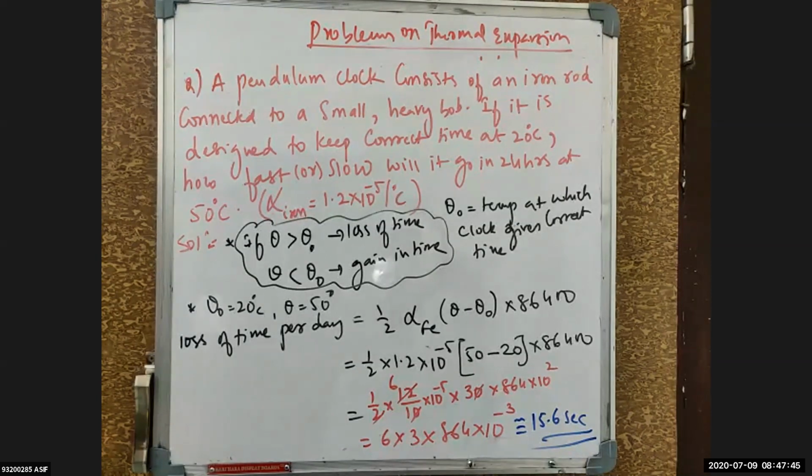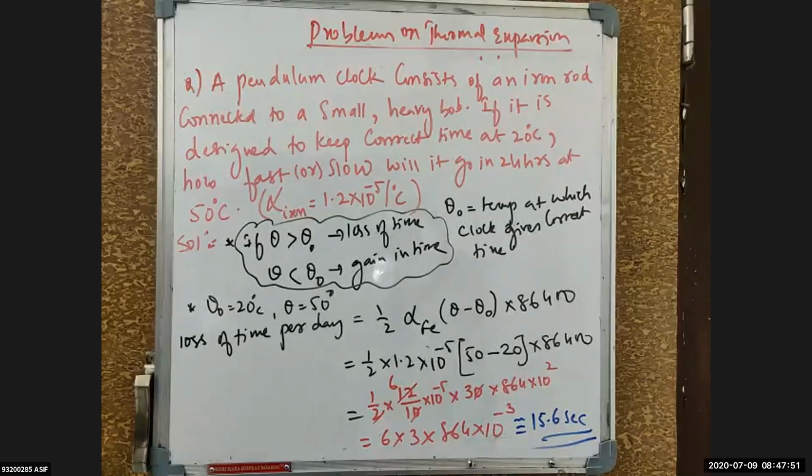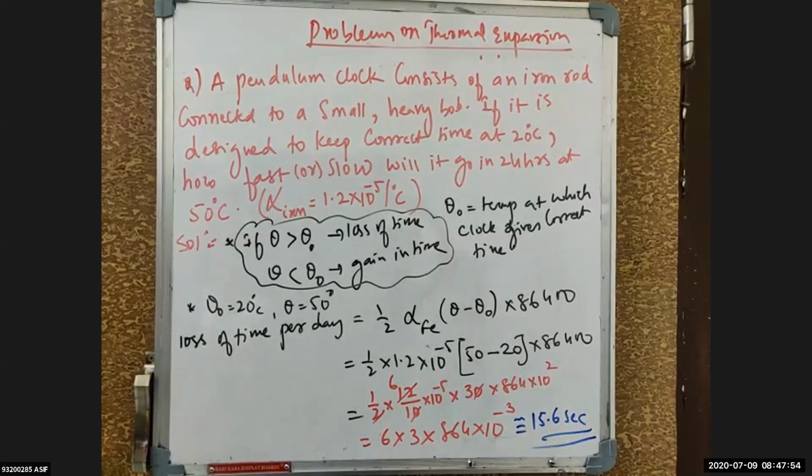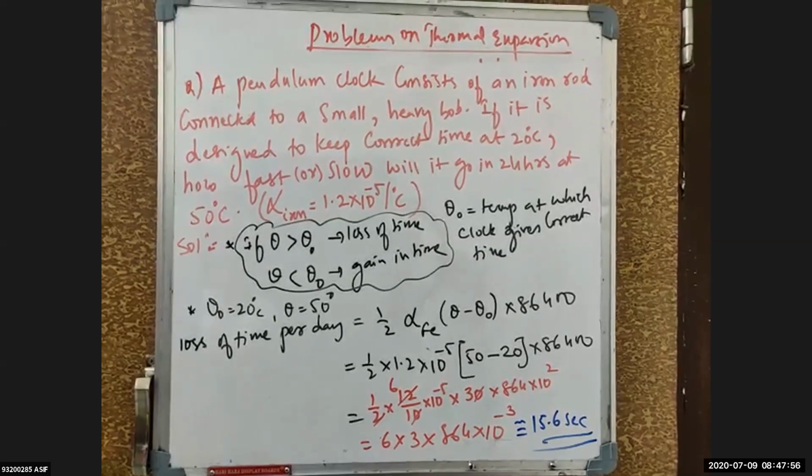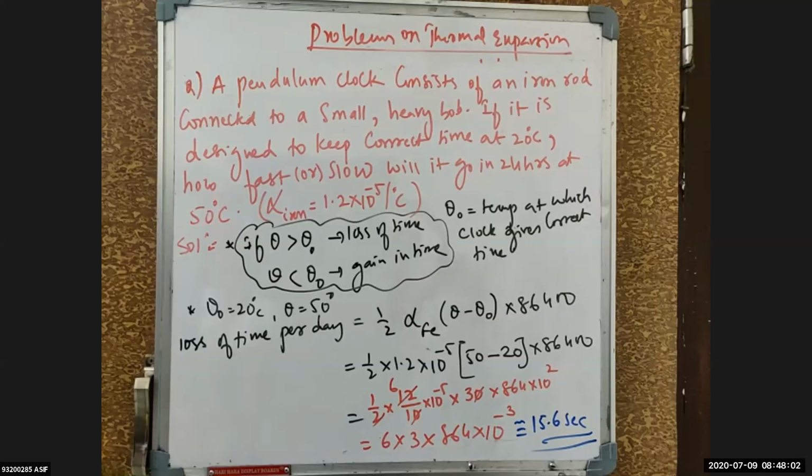Did everyone get it? Yes, sir. No one is giving the answer. Only one student is responding. There are 20 students in the class. Yes, sir. Harshit Reddy. Yes, sir.